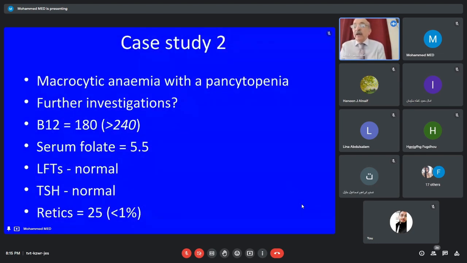The reticulocyte count in this particular patient is 25, which is high, and this indicates hemolysis, a mild degree of hemolysis, and this is common with B12 deficiency, because in B12 deficiency, immature RBCs will be released and they will get hemolyzed. So this is called ineffective erythropoiesis. Next slide, please.